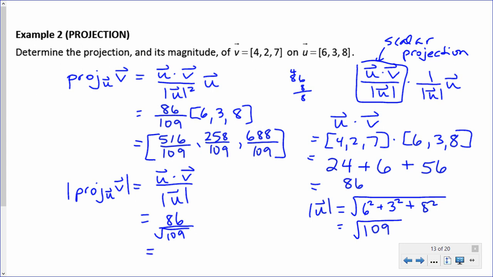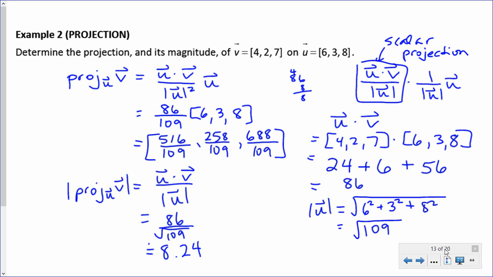I think it started with an 8. 8.24, I think that rings a bell. It's 86 over root 109 because it's only one magnitude, it's not squared anymore. The squared part comes from the unit vector part.